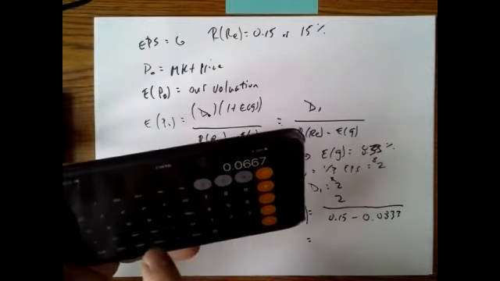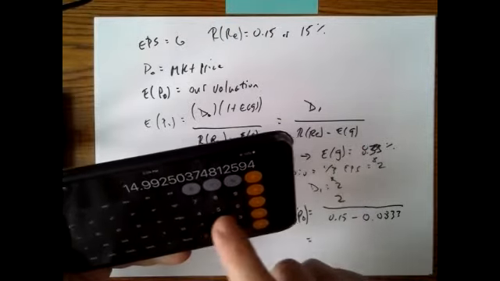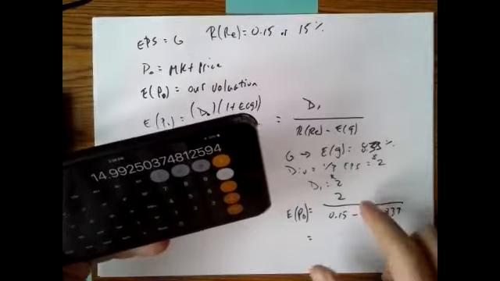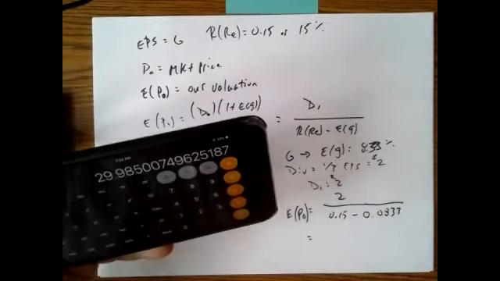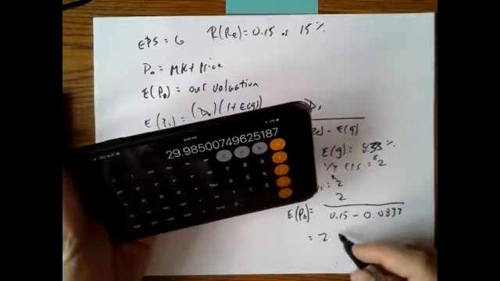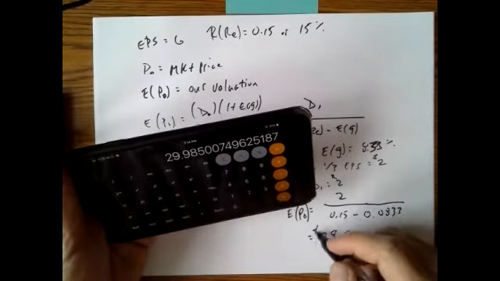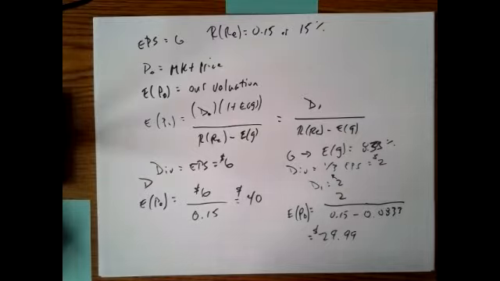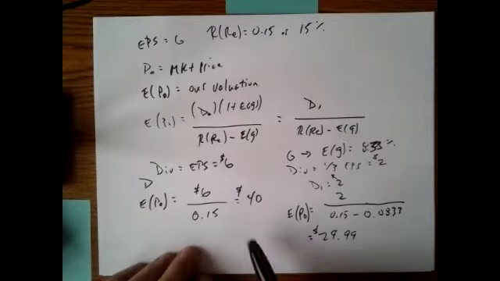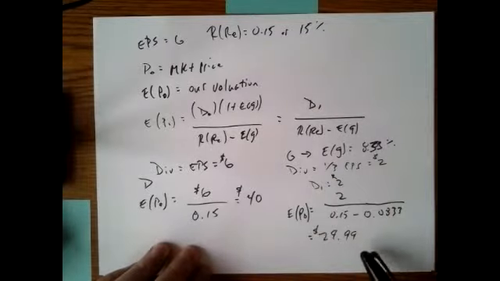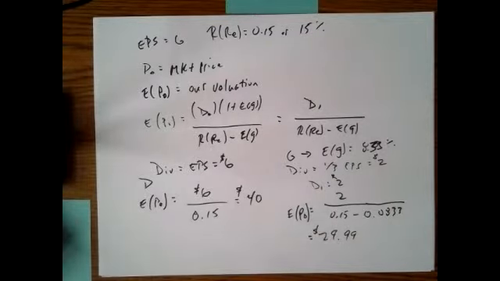I'm going to invert that, and then times the numerator 2, and I get 29.99. So the answer here for D is 40, for G is 29.99.